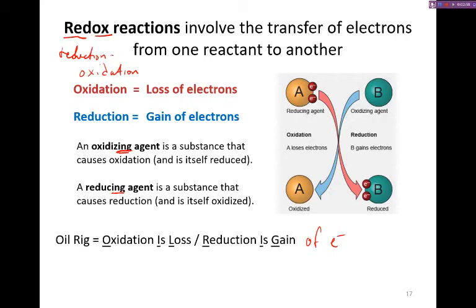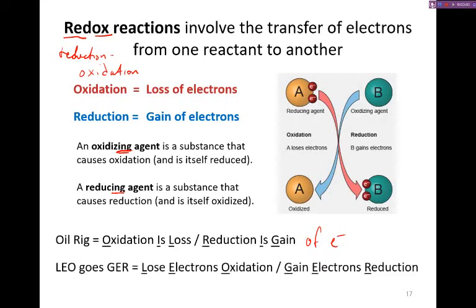Another way to say this that you might have heard is LEO the lion goes GER, and that's lose electrons is oxidation, and gain of electrons is reduction. Either of these are essentially saying the same thing, but there's just different mnemonics. My recommendation is that if you can come up with your own, that will make it more memorable.